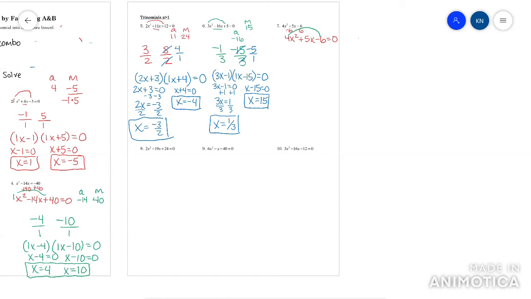So that multiplies to be negative 24, and it has to add up to be 5. The combo of numbers that's going to do this is negative 3 and 8. Put them over your a value, which is 4. You have to reduce.